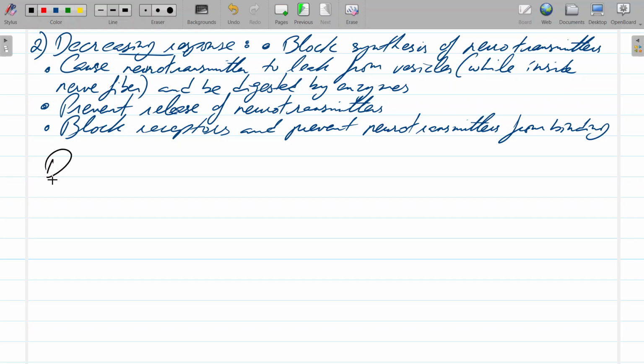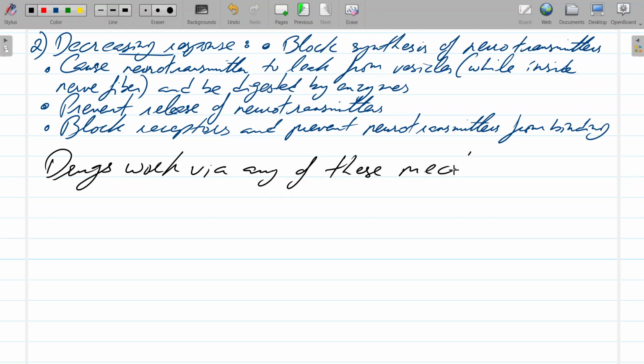So drugs work via any of these mechanisms. A single drug that's decreasing response will not block the synthesis and cause them to leak and prevent them from release and block. They're not doing all of them. It will work on its mode of function, and will be any one of these.